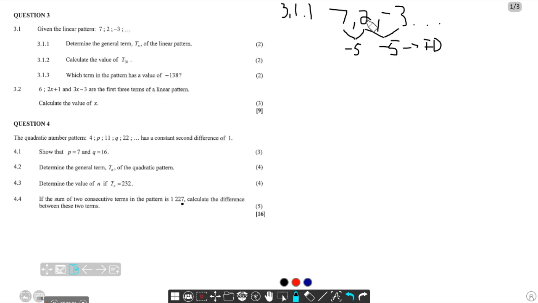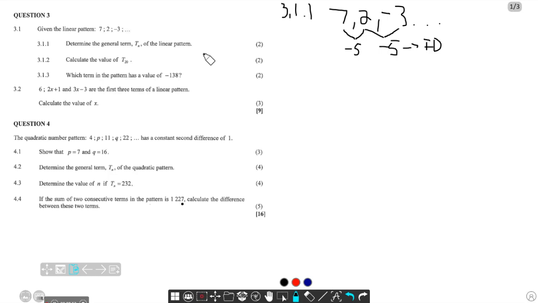Now, let us try to solve 3.1.1. They say determine the general term Tn of the linear pattern. Here's the thing that you need to note. Sometimes they say determine the general term. Sometimes they say determine the expression of the term Tn.